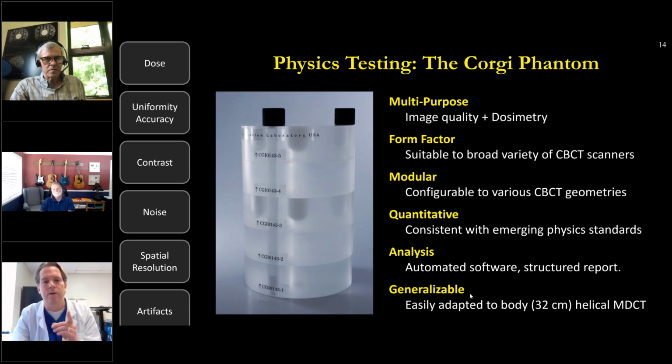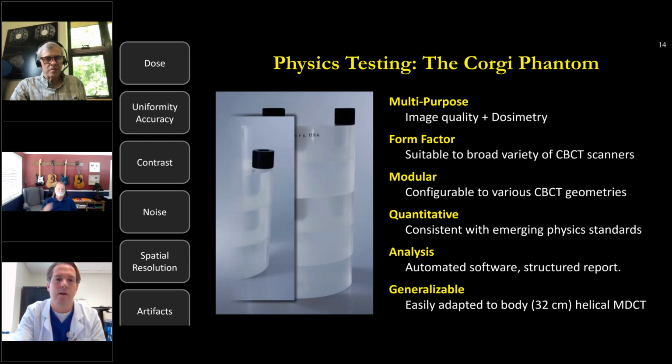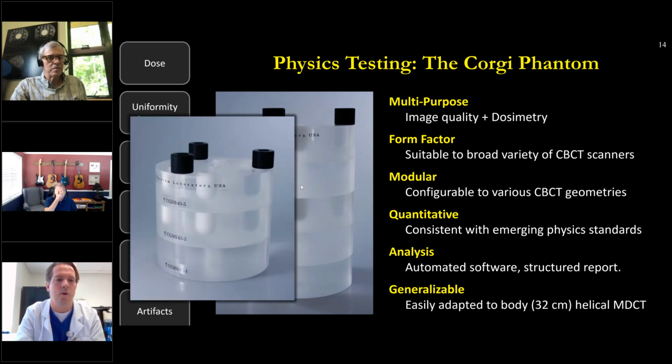And interestingly, it's generalizable. So this closes the loop, as Elliot was describing earlier. This phantom can be adapted to the same kind of physics testing in whole body CT and provide the benefits according to that. This shows a shorter stack that might be suitable to a dental scanner.